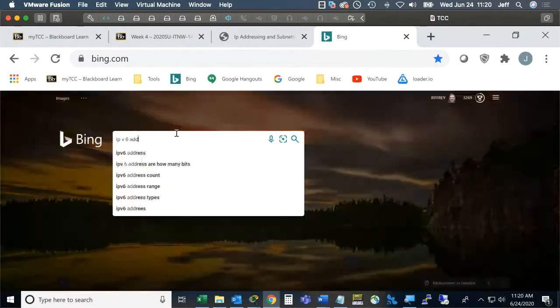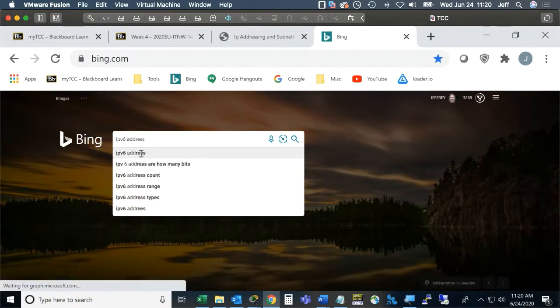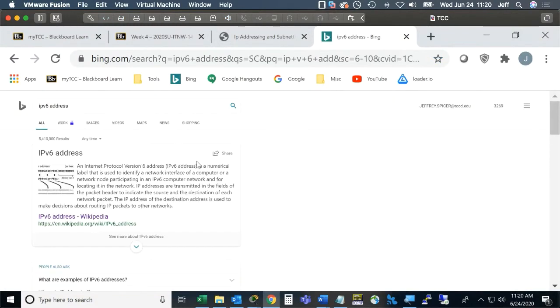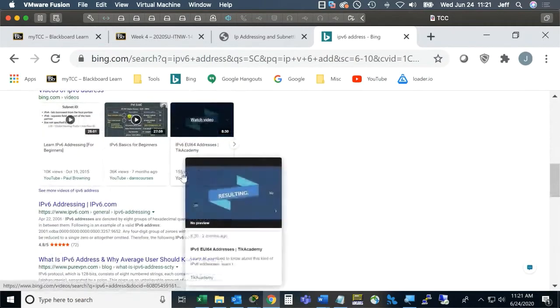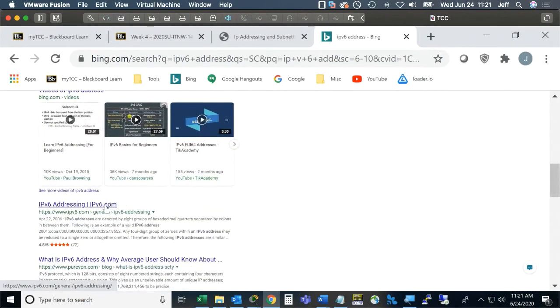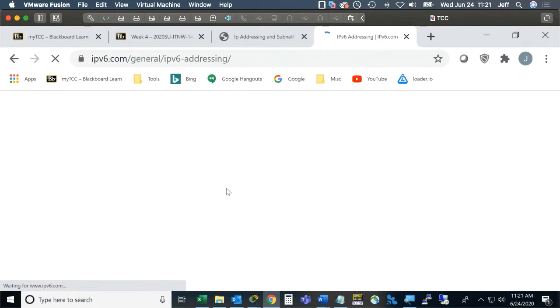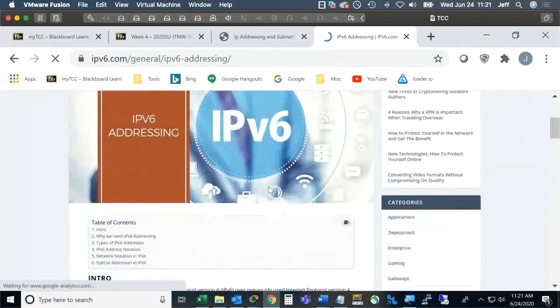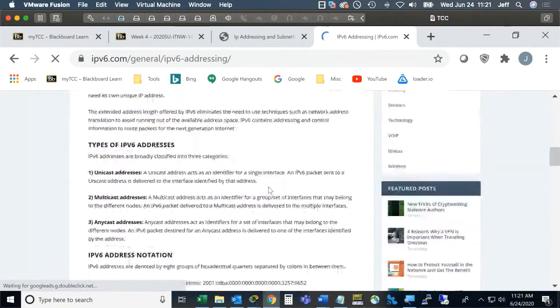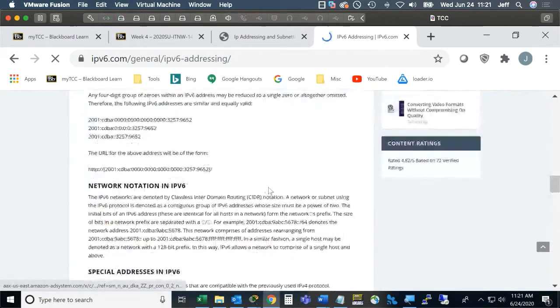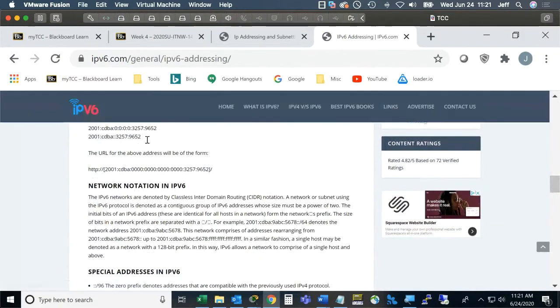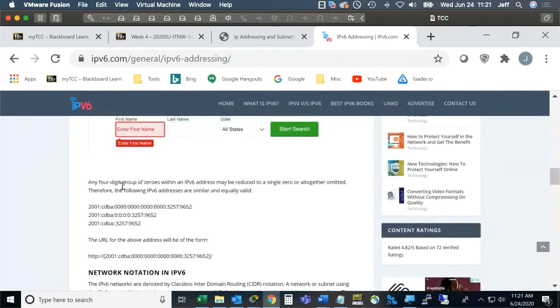So these are IPv4 addresses, and let me pull up an IPv6 address. Here's an example of an IPv6 address.